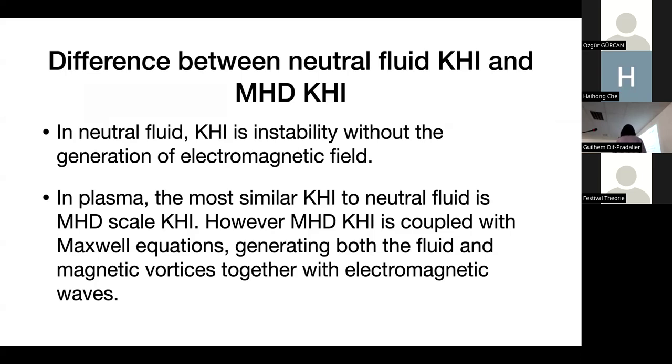However, MHD Kelvin-Helmholtz instability is coupled with Maxwell's equations, generating both fluid and magnetic vortices together with electromagnetic waves. So this is a big difference between the fluid Kelvin-Helmholtz instability and the MHD Kelvin-Helmholtz instability: MHD Kelvin-Helmholtz instability generates electromagnetic waves.